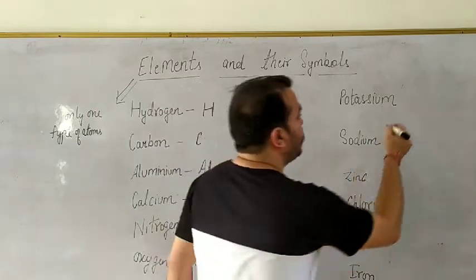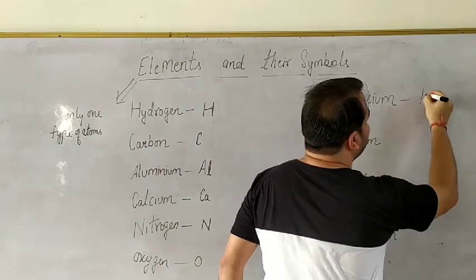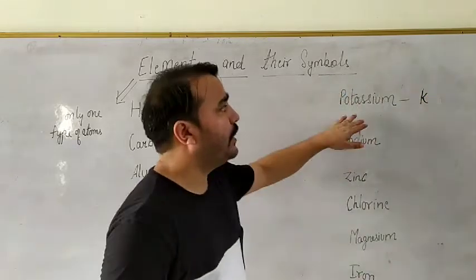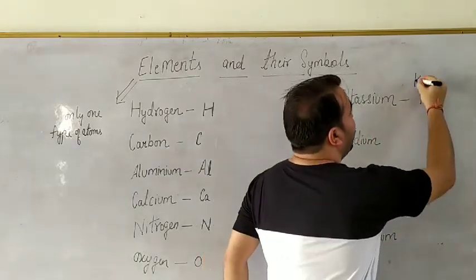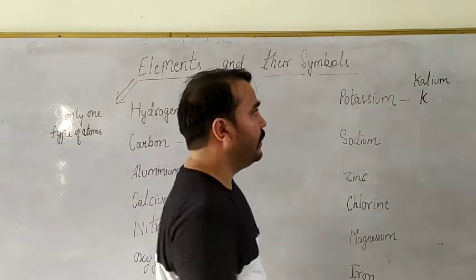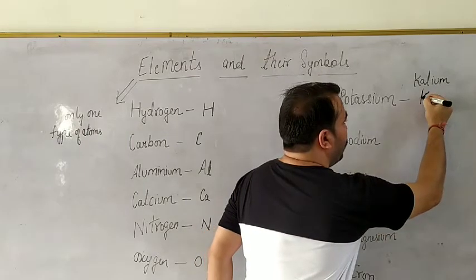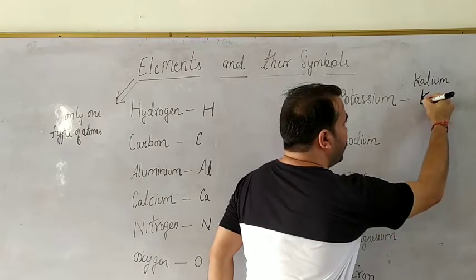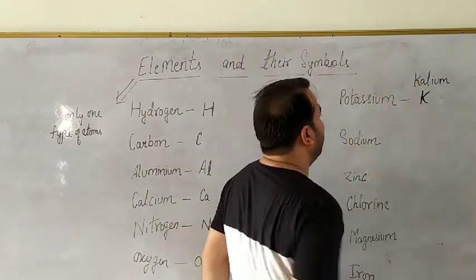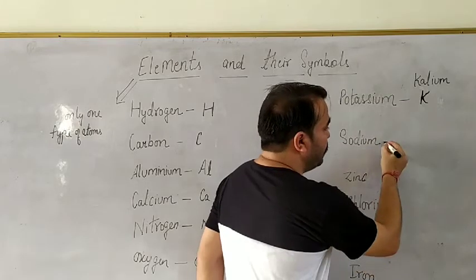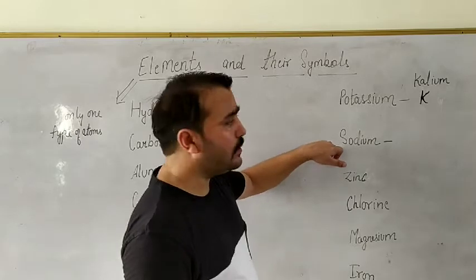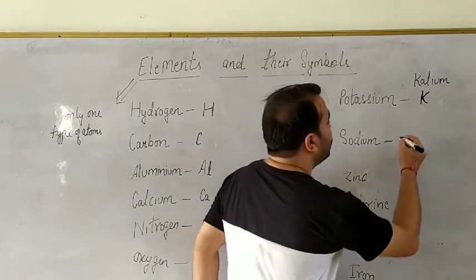Just like in the case of potassium, the symbol is K. In a particular language, potassium was called Kalium. So the symbol is K. If it's only one letter, we need to write it as uppercase, or in common way you say capital letter, capital K. Similarly, for sodium, you would predict that it would be either S or So, and that is not the case.